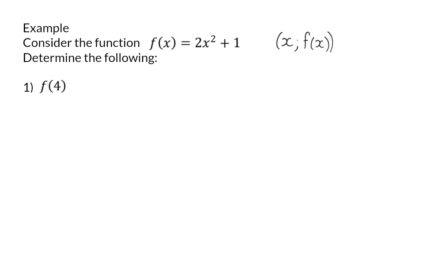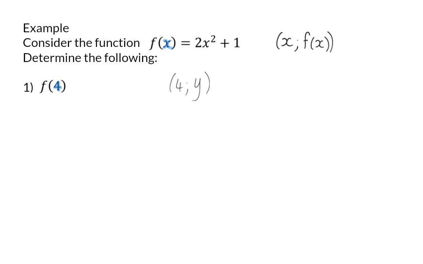In the first question, we are asked to determine f(4). So can you see that instead of x, we are now given 4, which means that in this case, the x value of a coordinate is given as 4, and we are asked to determine the y value.